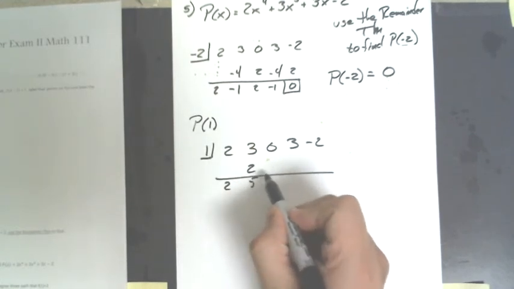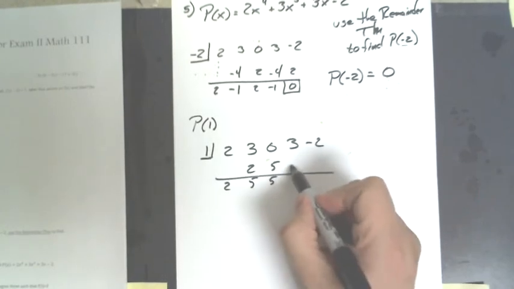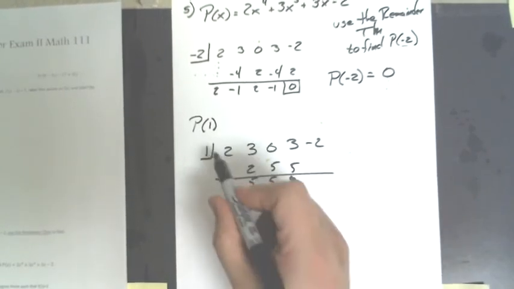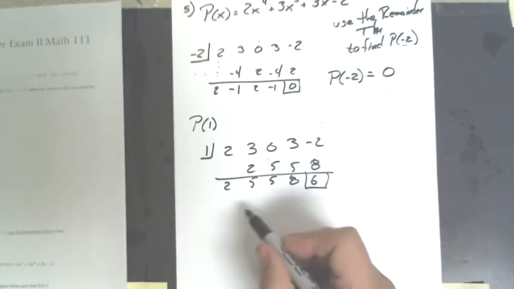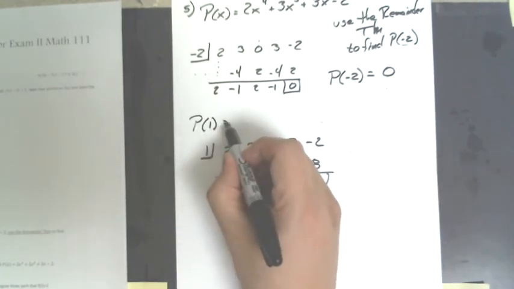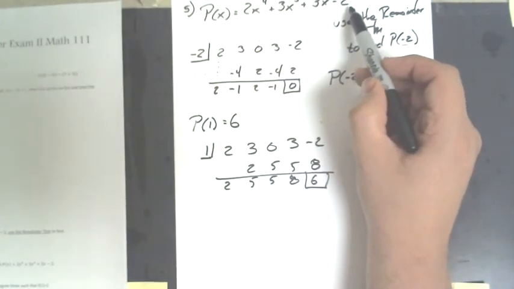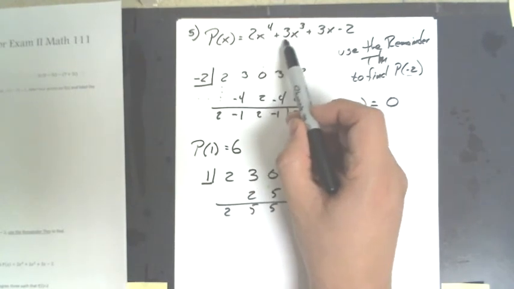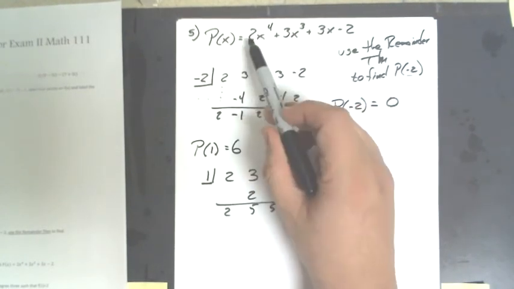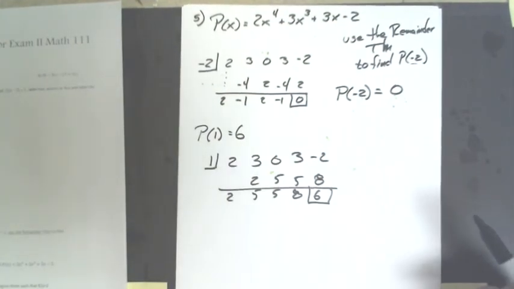So 2, 5, 5, 8, 6. Assuming I didn't do something wrong doing that too fast, that means p evaluated at 1 is 6. If you put a 1 in here, you should get 6. Heck, we can even do that real fast. 2 times 1 is 2, 3, 3, -2, so 2 minus 2 is 0, 3 plus 3 is 6. P at 1 is 6.